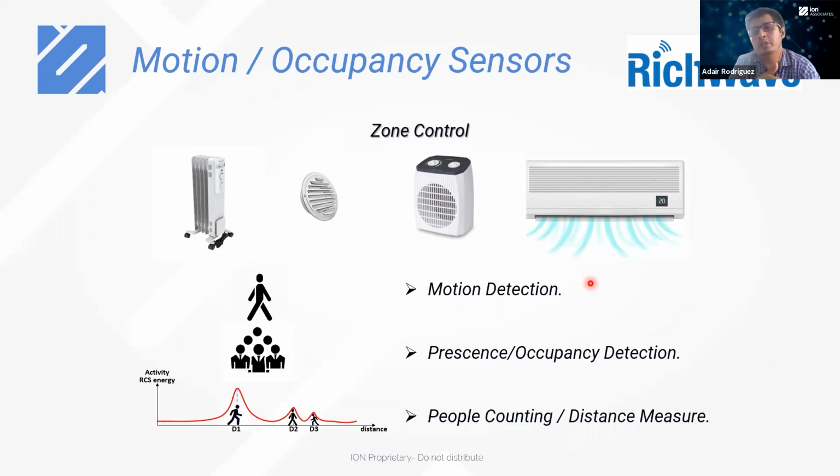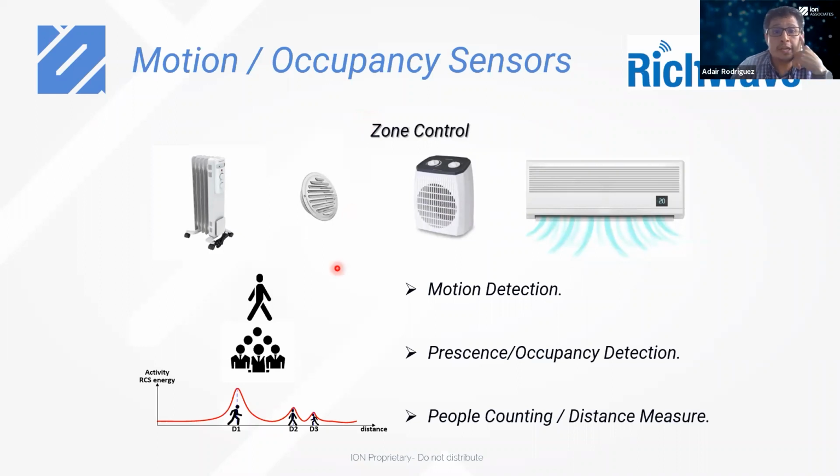With other technologies, as we have discussed in previous webinars, if I stop moving, the sensor will stop detecting me, and I need to wave my hands for it to detect me. With these microwave sensors, I can stand still and the sensor will still be detecting me.